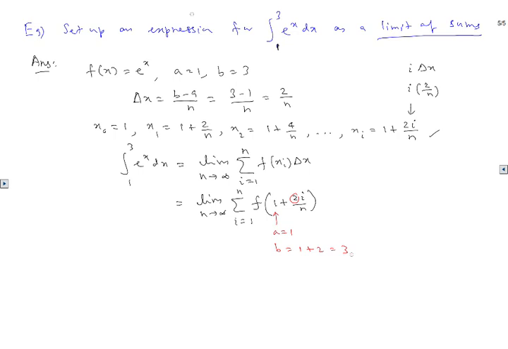Good. And then delta x is 2 over n. That's delta x. Anything that does not depend on i, you can pull out from the summation sign.